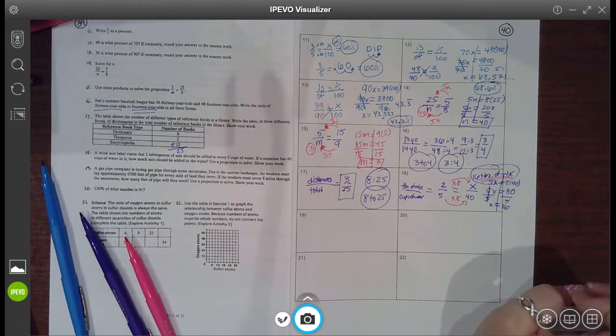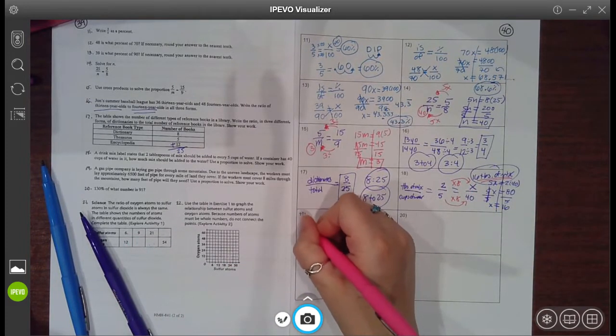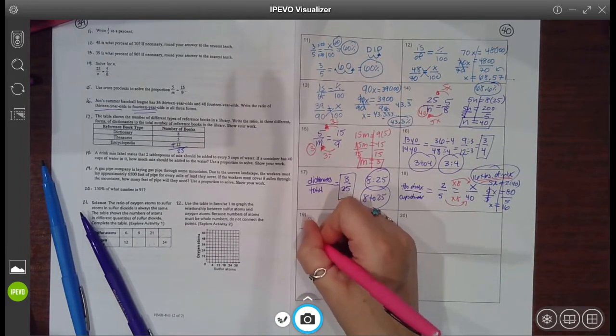Okay, number 19. It says a gas pipe company is laying gas pipe through some mountains. Due to the uneven landscape, the workers must lay approximately 6,500 feet of pipe for every 1 mile of land they cover. So we're talking about piping feet to miles.